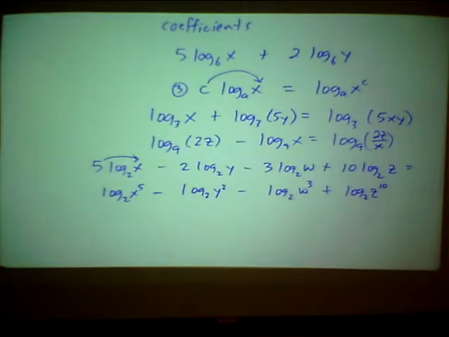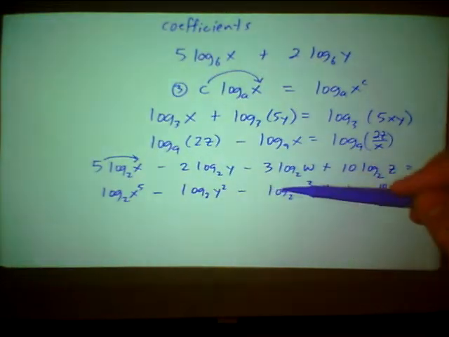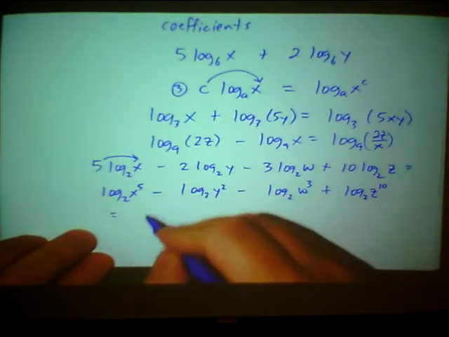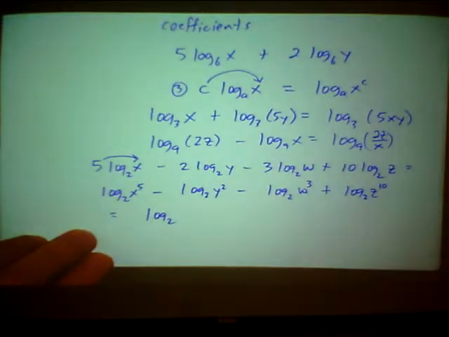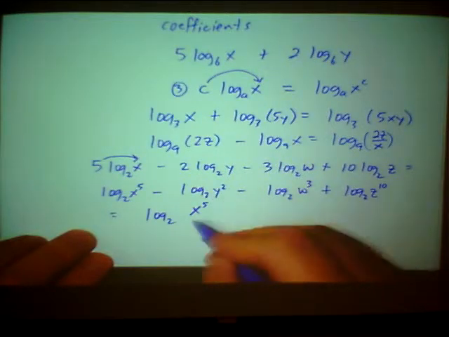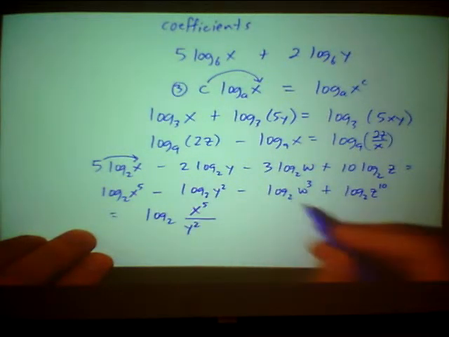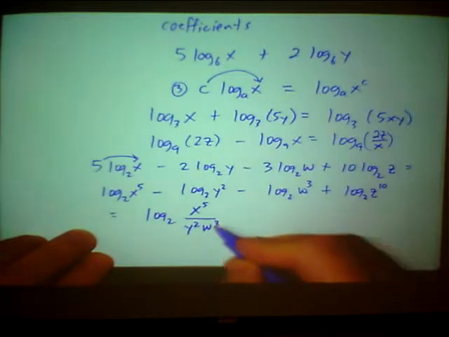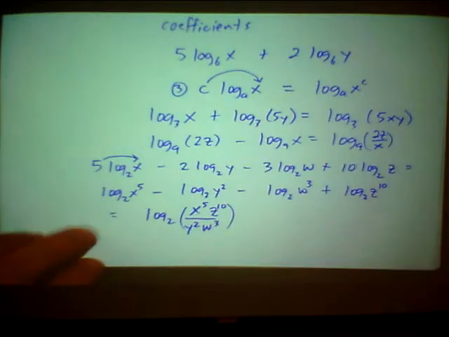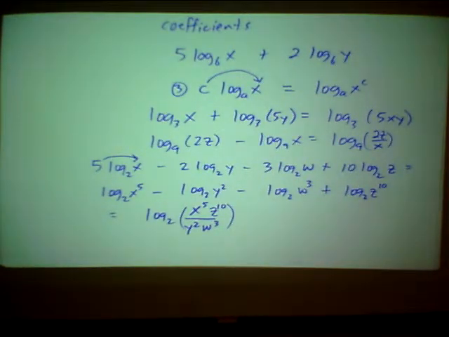All right, so now my 4 log terms, now there are no coefficients. Now I can apply my rules about adding and subtracting log terms. So it looks like the second and third one are being subtracted and this fourth one's being added. So I'm going to have, when I'm all finished, x to the 5th in the numerator, and then the y squared is going to go on the bottom, and the w cubed is going to go in the denominator, and then the z to the 10th is going to go back in the numerator. And now I've combined those into one log.